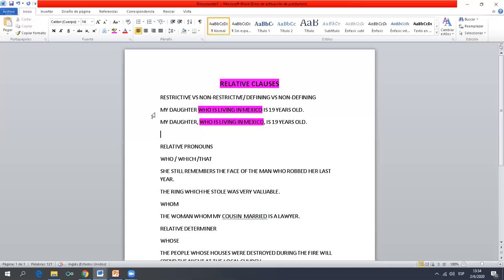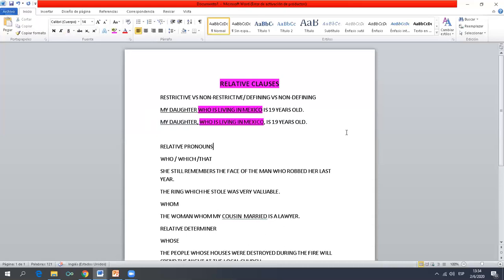In the first example, my daughter who is living in Mexico, I'm going to underline, is a noun phrase, a noun phrase subject. And inside, you have the head daughter and the post-modifier, the restrictive relative clause, who is living in Mexico. And the same in the second example, you also have the noun phrase, my daughter, who is living in Mexico.